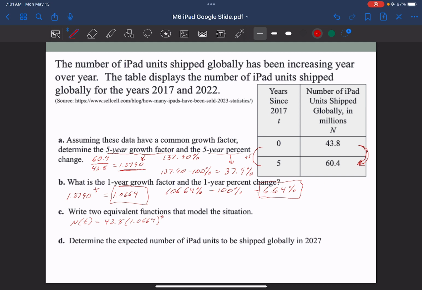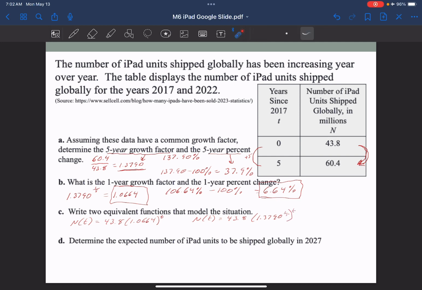We could also use this same reference point, but instead use the 5-year growth factor. And when we do that, we would say n of t is equal to 43.8 times 1.3790 raised to the 1/5 to the t.